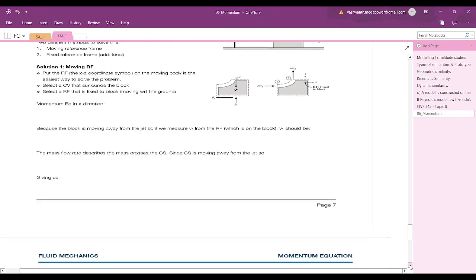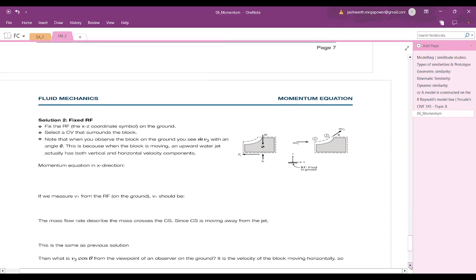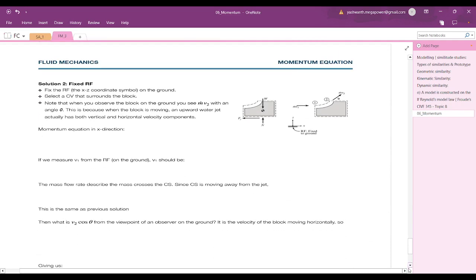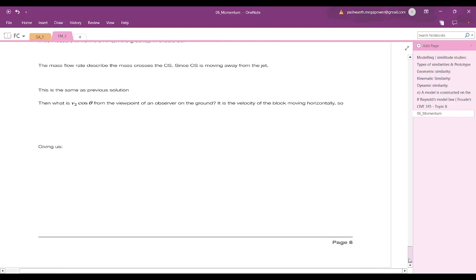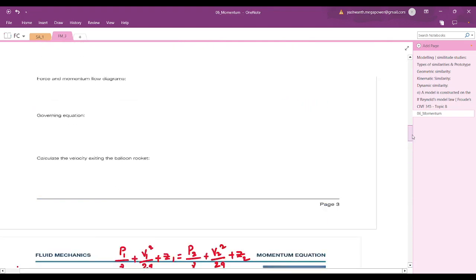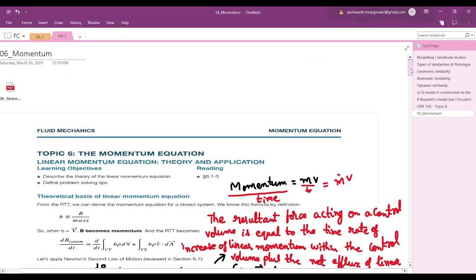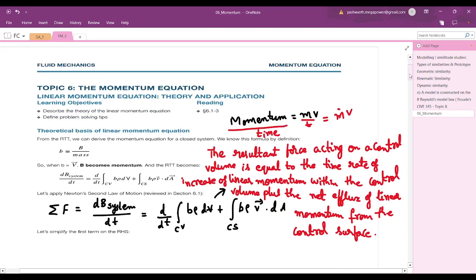So here is the fixed reference frame. In the fixed reference frame, the ground is taken as fixed. With respect to the ground, we carry out the calculations. This is what the momentum equation or momentum concept is, in a nutshell.